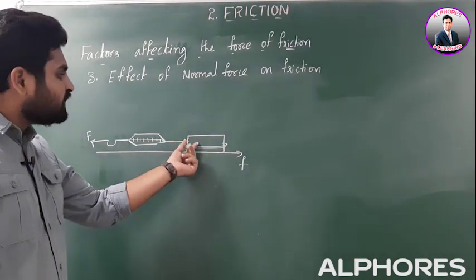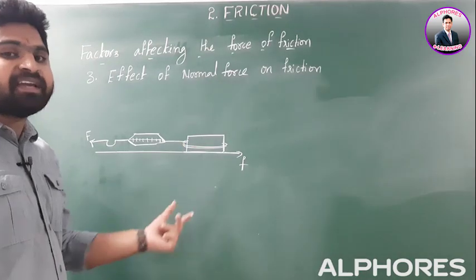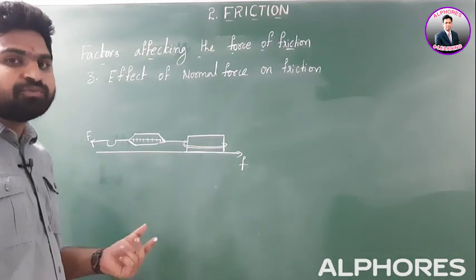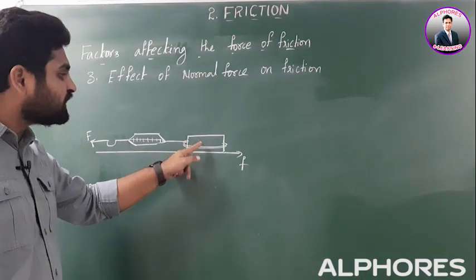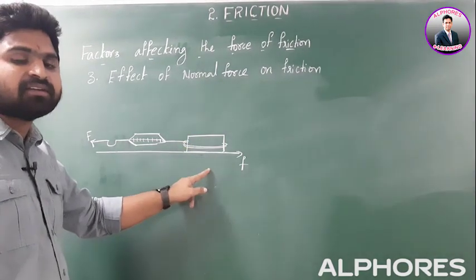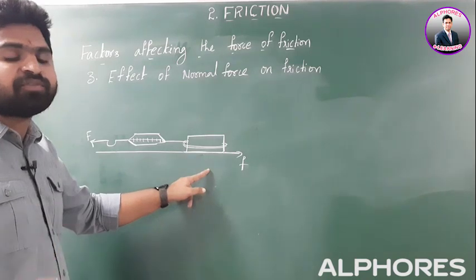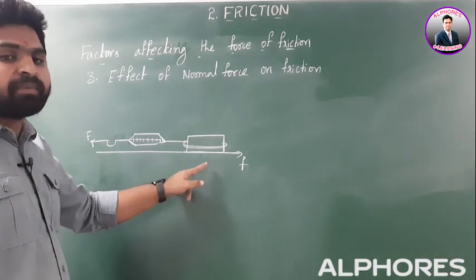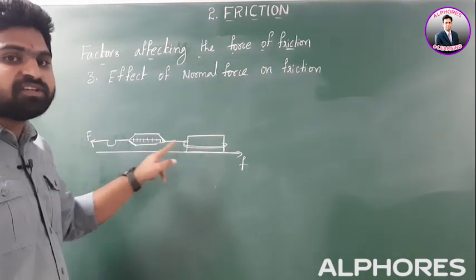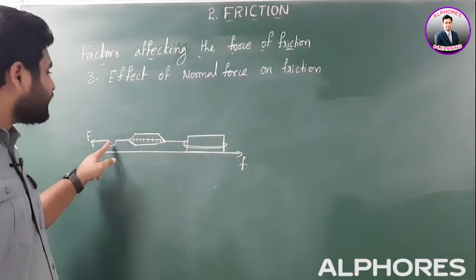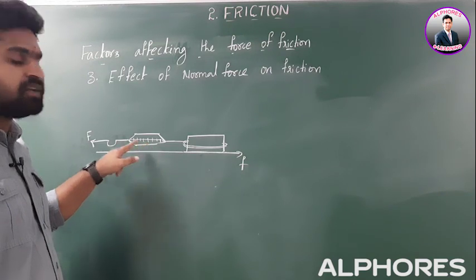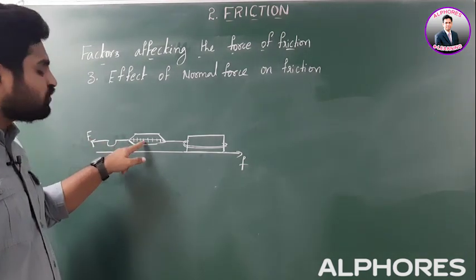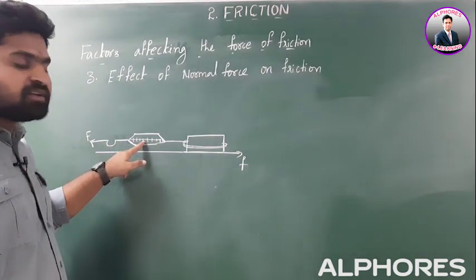Now when the brick is ready to move, the frictional force between the brick and the floor is called the maximum limit of the friction. That maximum limit of the friction is equal to the applied force, and that applied force reading is shown in this spring balance.